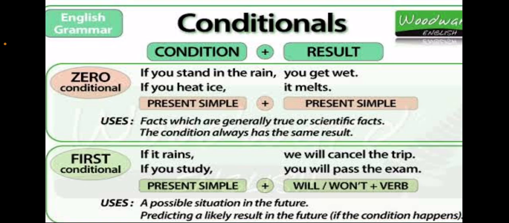Then we have first conditional. First conditional means there is a possible situation in the future. So something can happen if the condition is there. Like if it rains, we will cancel the trip. Now, canceling the trip depends upon whether it rains or not, and even if it rains doesn't mean that we are going to cancel the trip for sure. So we call that first conditional clause.